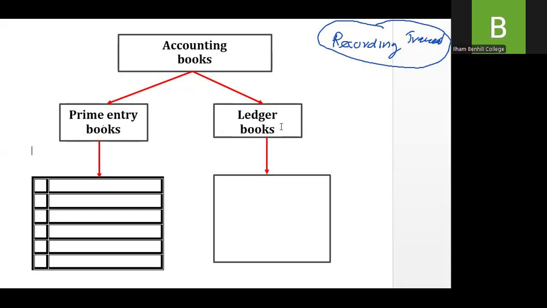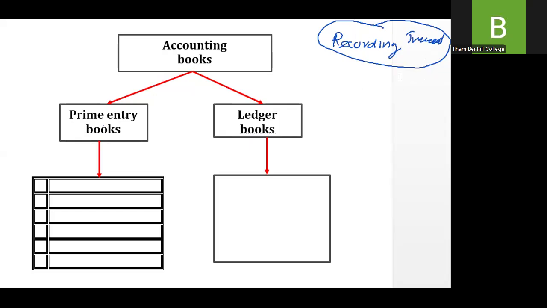Now, what is a prime entry book? To answer this question, we have to say prime entry books are a type of accounting books where we record transactions from source documents.